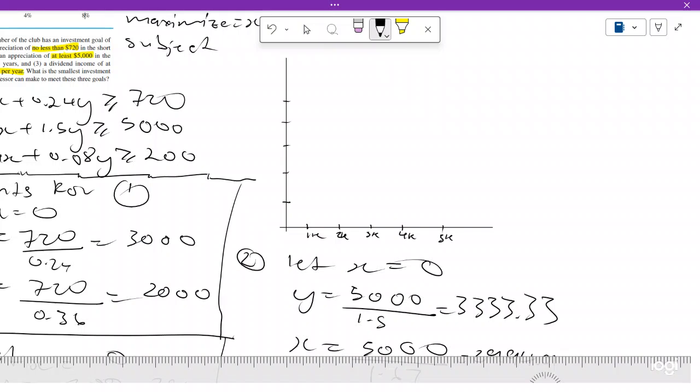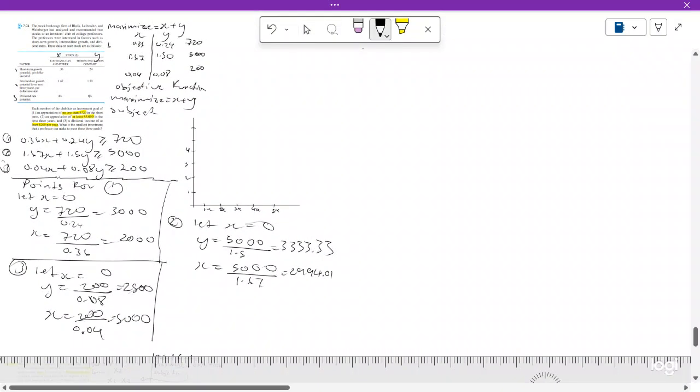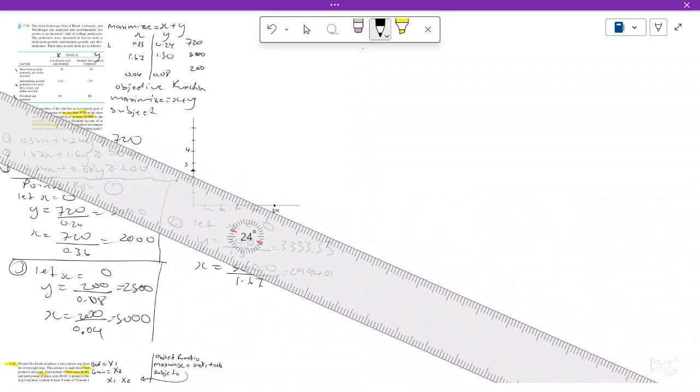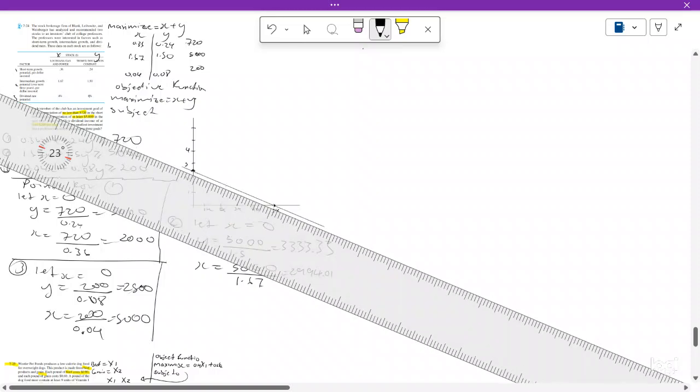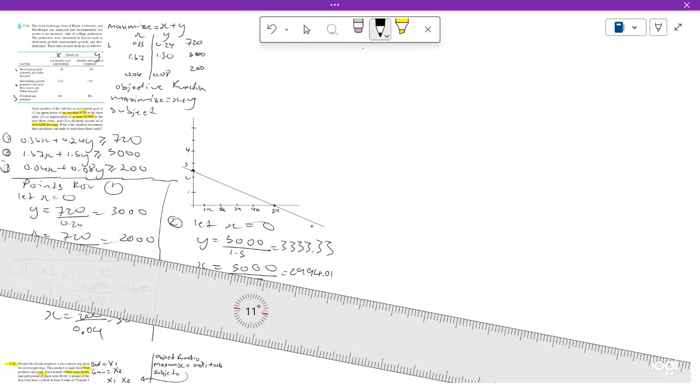So now we did say we are mixing 3 and 2. So 1.67x plus 1.5y minus 5,000 is equal to 0.04x plus 0.08y minus 200.